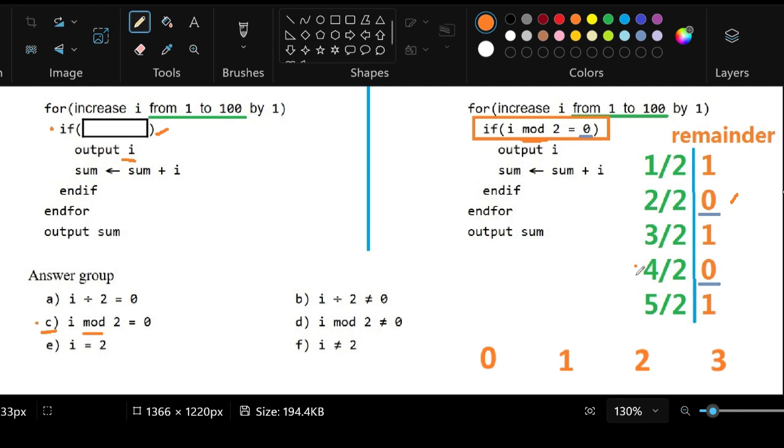There will be 1, and there will be 1 remainder as well. How many 2's are in 4? There should be 2 2's in 4, and there will be no remainders. As for 5, how many 2's are there in 5? 2, 4, there should be 2 there, and there will be 1 remainder.